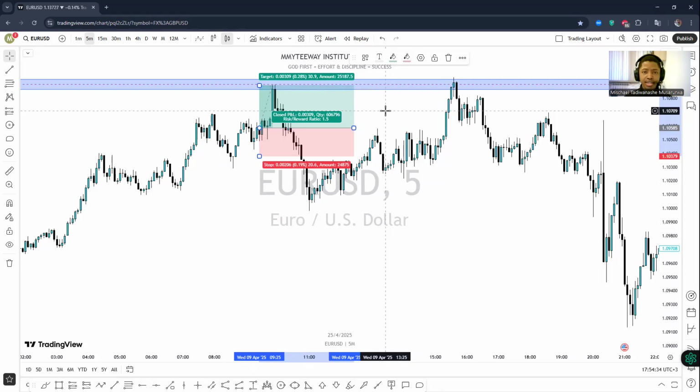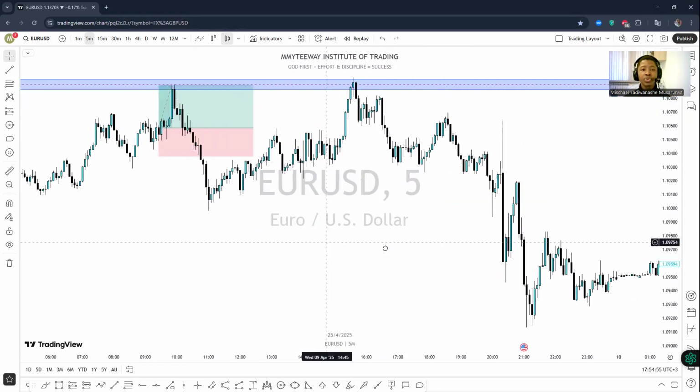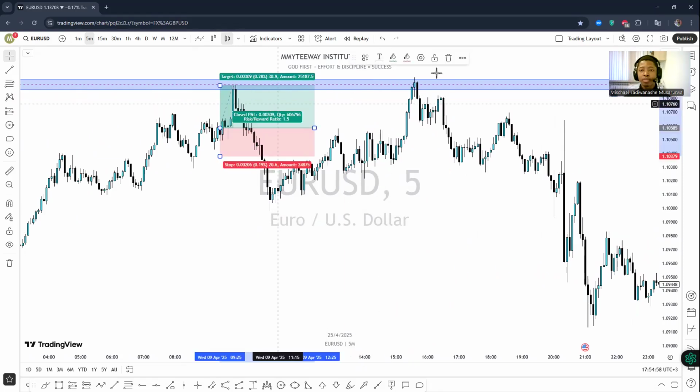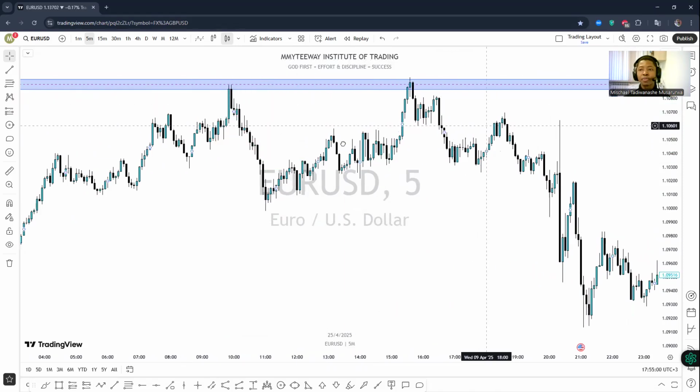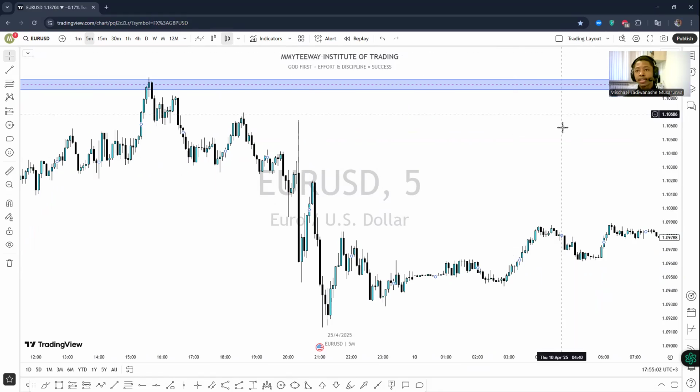There are certain rejections from the previous records at that same level. So this is how I use it as an area of interest to enter, and I also use it to avoid pointless entries, to avoid pointless stop losses, right?